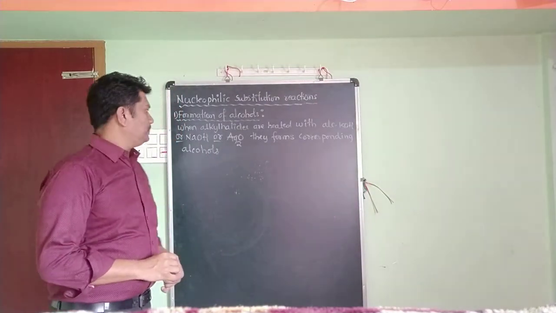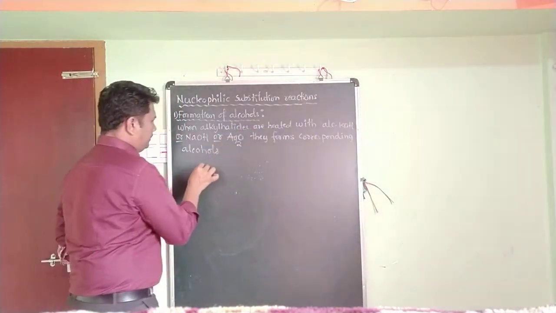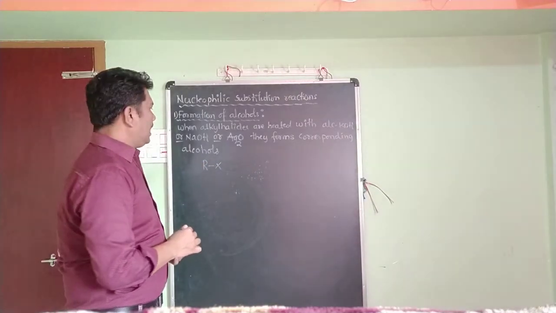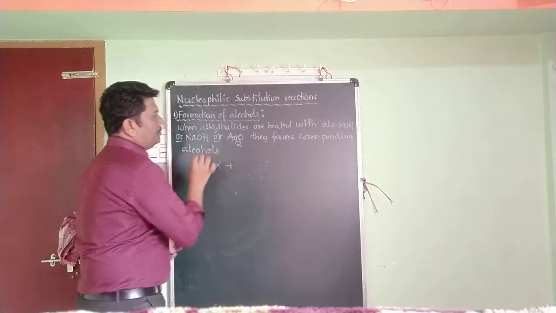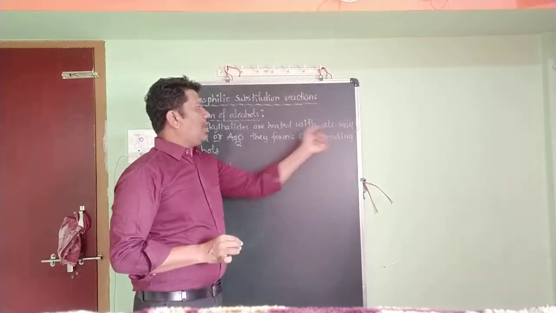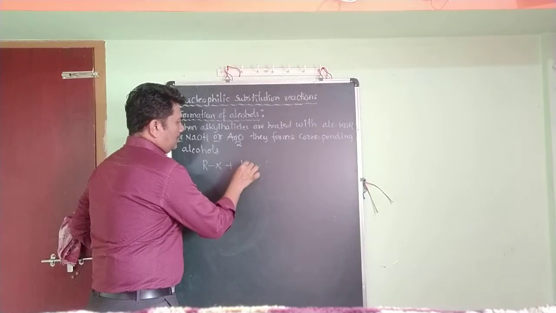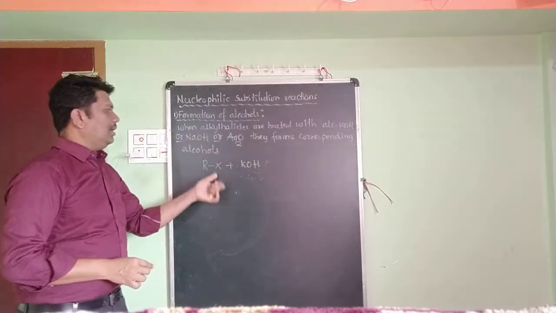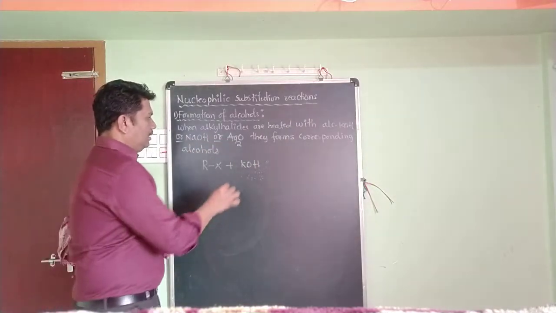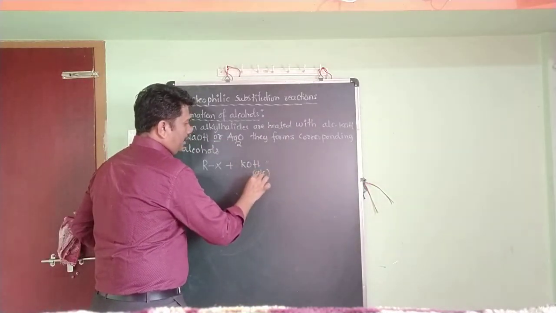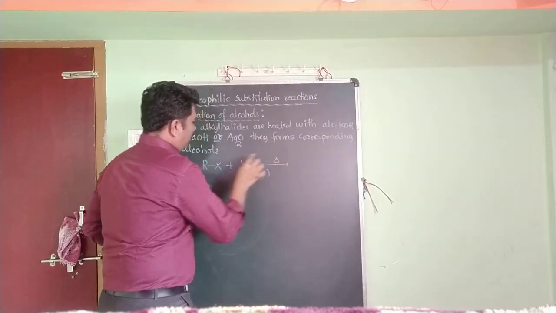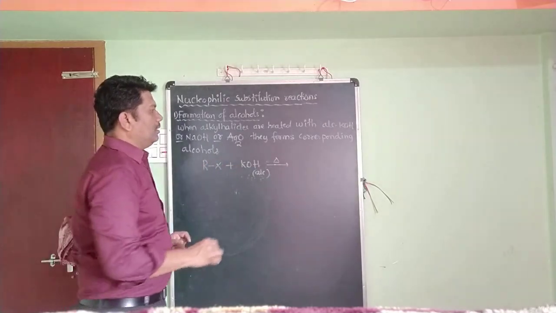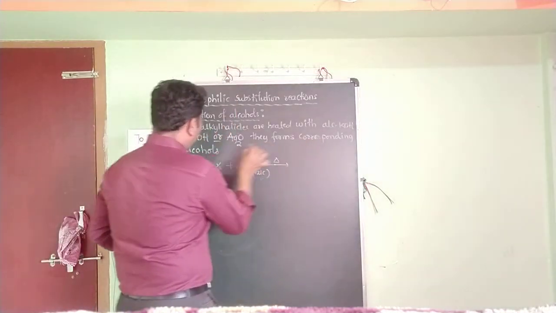This is what the sentence formation of alcohol means. See, alkyl halide, that is RX, when heated with alcoholic KOH, or you can take any one, KOH or NaOH or silver oxide here, to form corresponding alcohols.